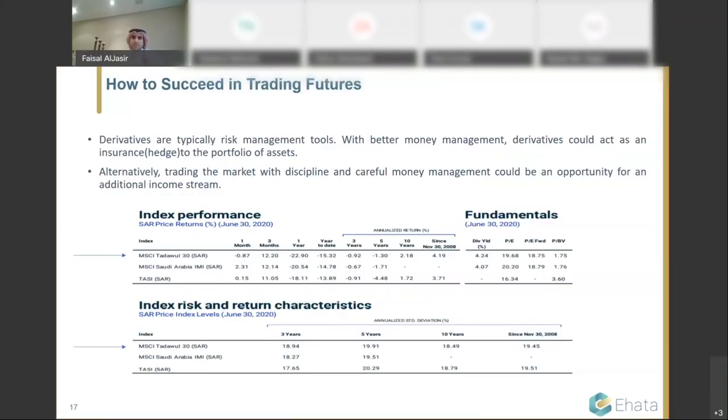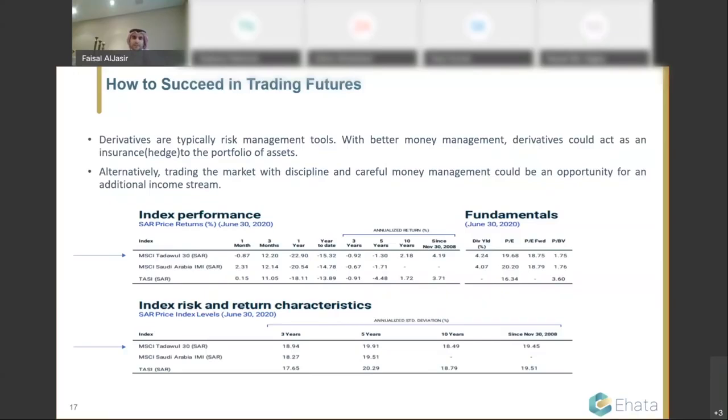So with good management, derivatives could act as an insurance or hedge to the portfolio of assets. Alternatively, trading the market with caution and good management could also be an opportunity to make an additional income stream.